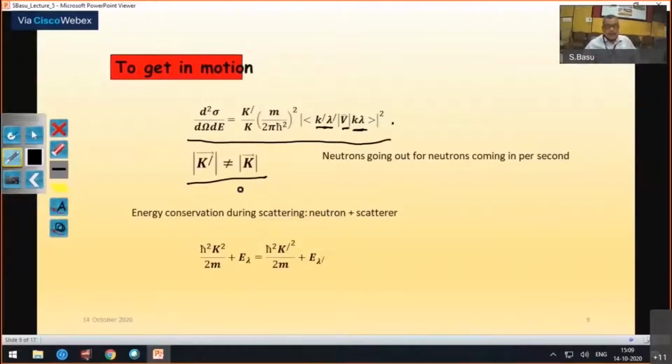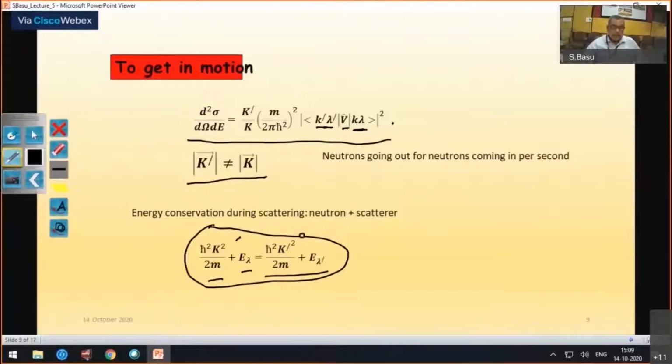So here I need to bring in the energy conservation of the neutron and the scattering system, and that comes in through this equation. This is a non-relativistic energy conservation equation, where the system energy and the neutron energy together remain the same before and after the scattering. With this, how do I introduce this?